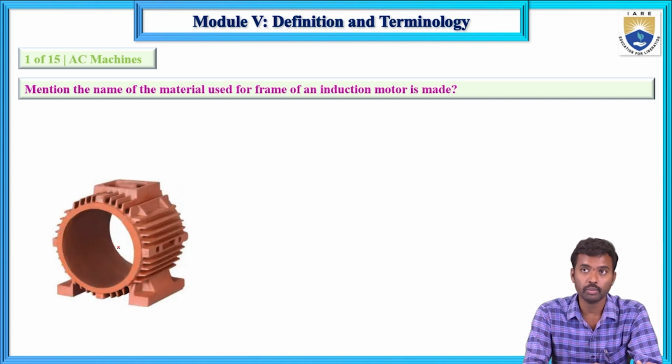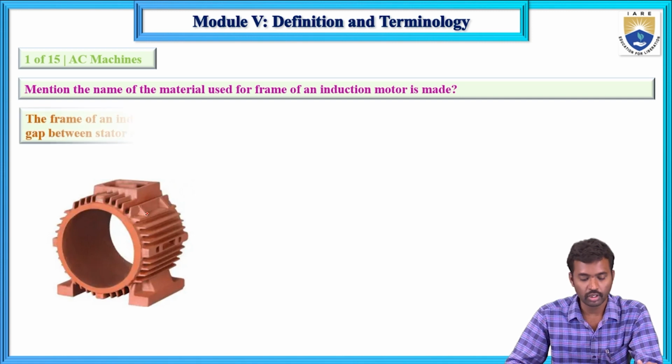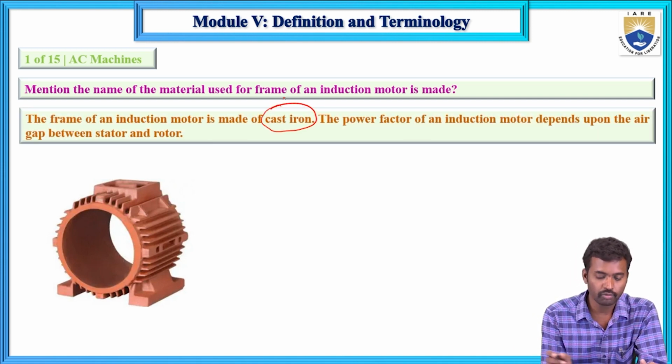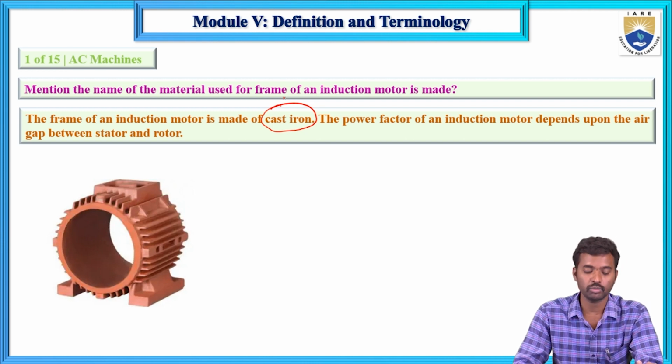The yoke's main purpose is that it provides mechanical support for the stator winding, and it acts as a protective cover for the whole machine.